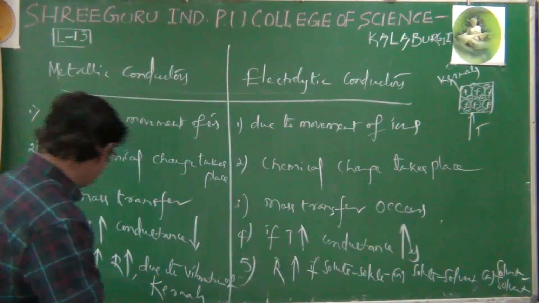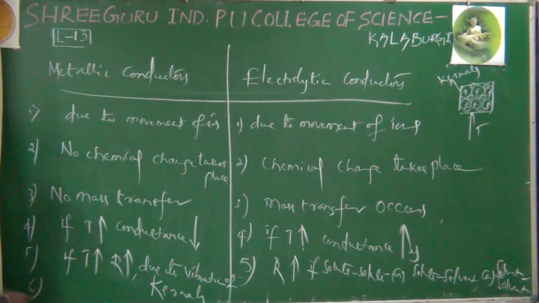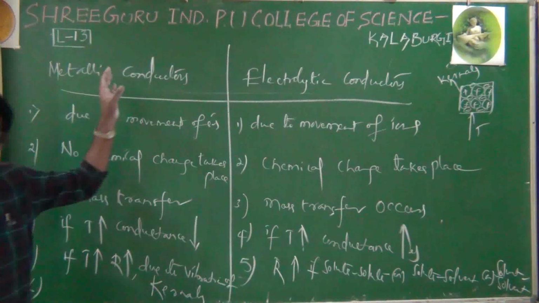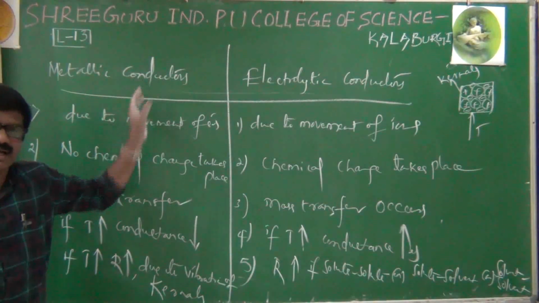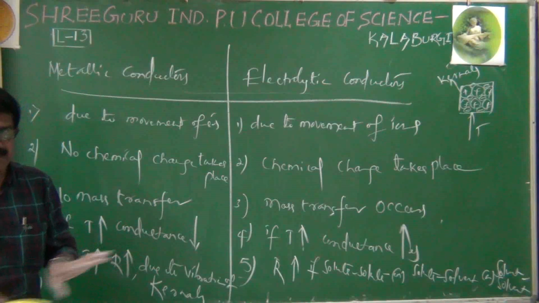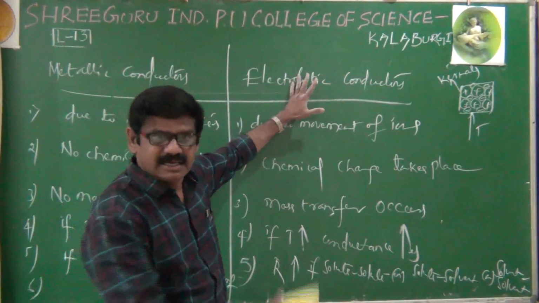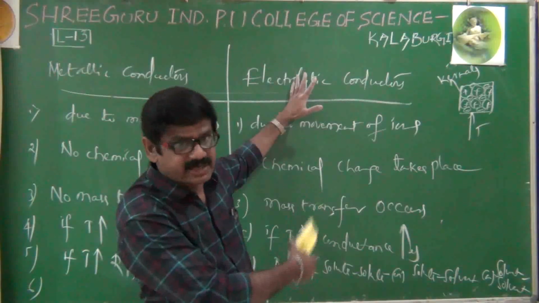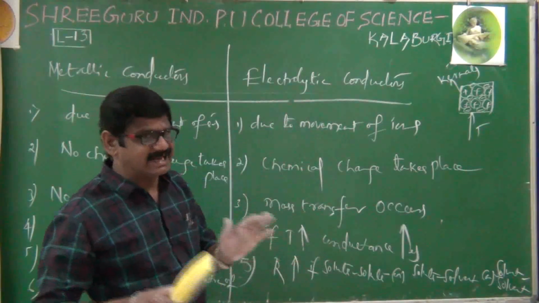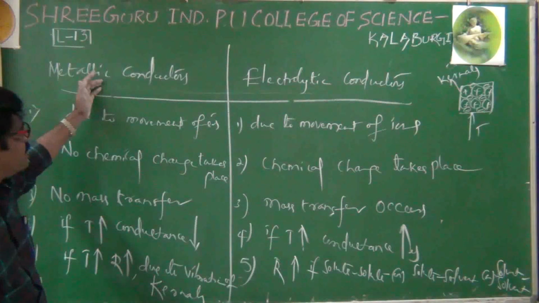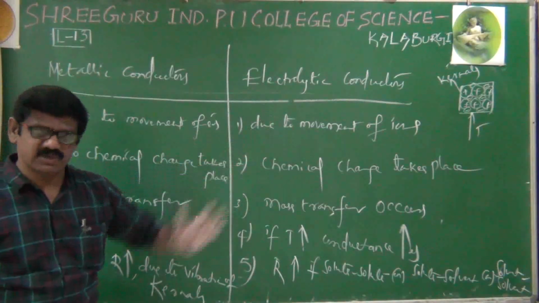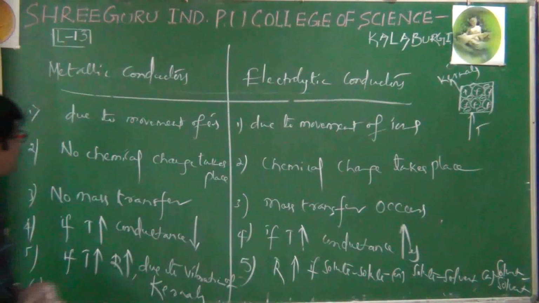Now the last point. As far as metallic conductors are concerned, there is no question of application of Faraday's laws. But in electrolytic conductors, we can apply Faraday's laws. These are the differences between metallic and electrolytic conductors. We'll see one by one once again.